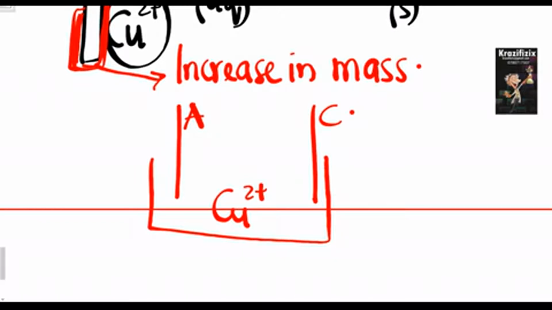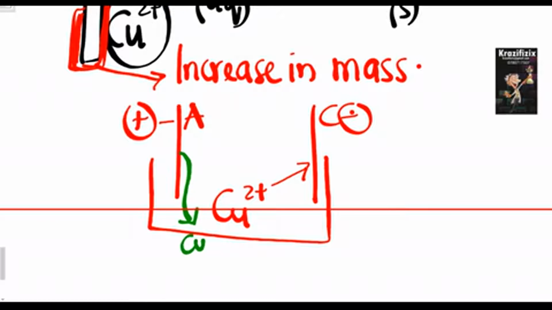Now, remember that this migrates towards the negative electrode, while from the positive electrode we have Cu2 plus going into the solution as this one leaves. So basically there is a replacement. For every Cu2 plus lost, there is another one replacing.